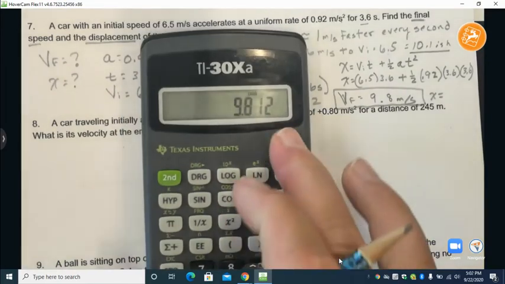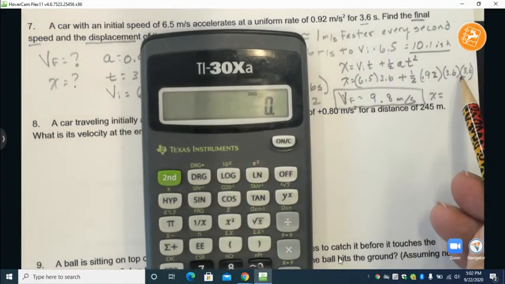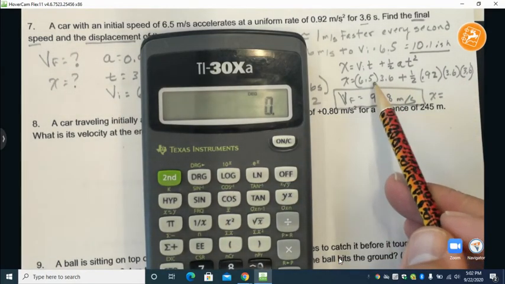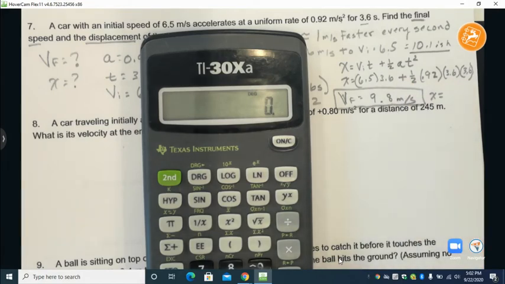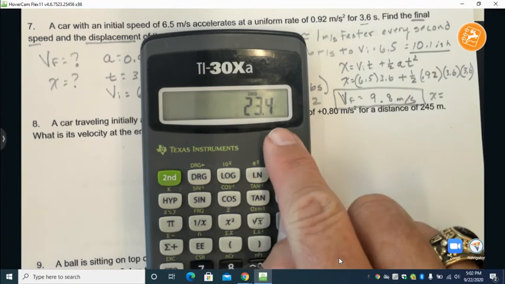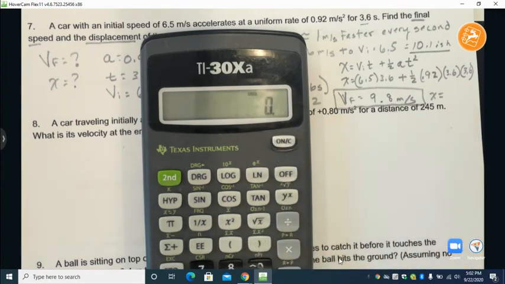So following the order of operations, we're going to multiply these before we add them. So we'll go 6.5 times 3.6. All right, and we got that. So we're going to store that in our calculator. And then we'll add that to our recall number. And I didn't store it correctly.